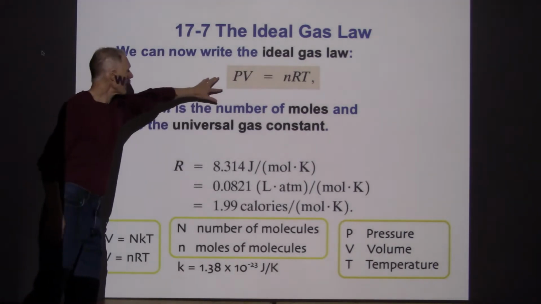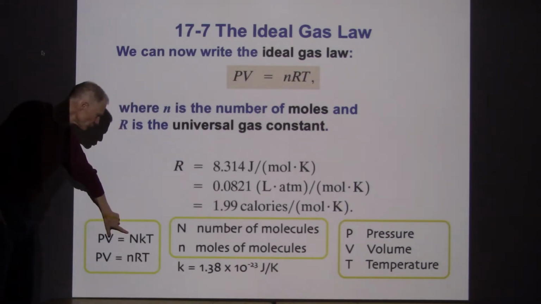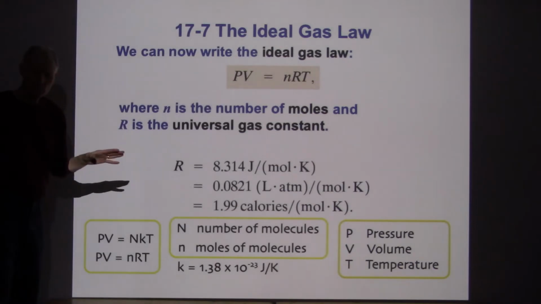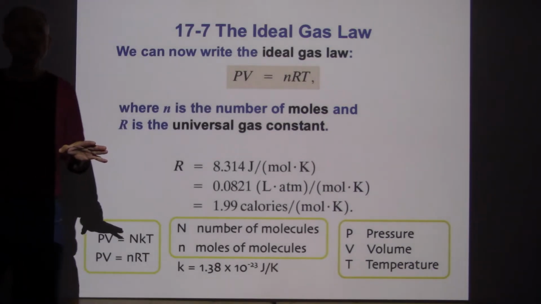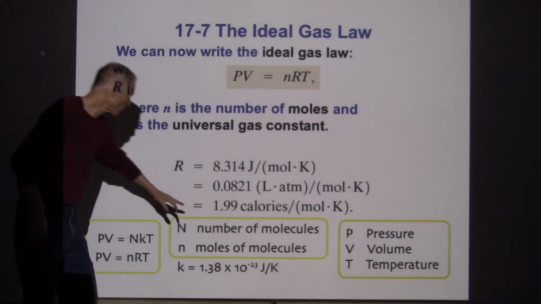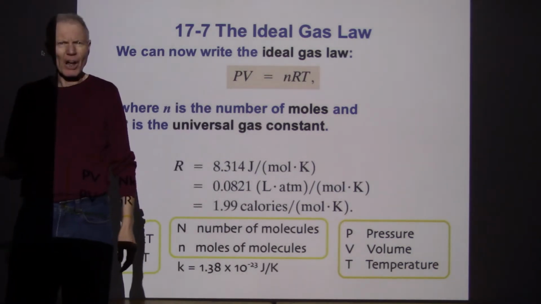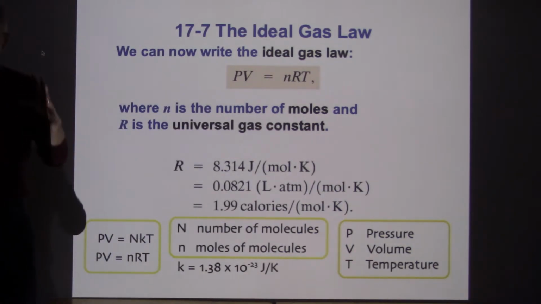Now, the ideal gas law can be written in the form we have here. It can also be written in terms of the number of molecules. So instead of combining the molecules into what we call moles, what you can do is just count how many molecules are there. Now, the disadvantage of working in terms of numbers of molecules is there's a lot of molecules in any sample of gas that we might look at.